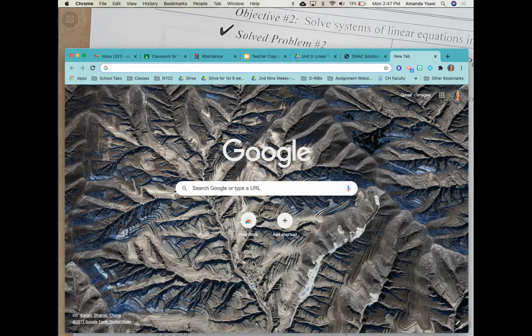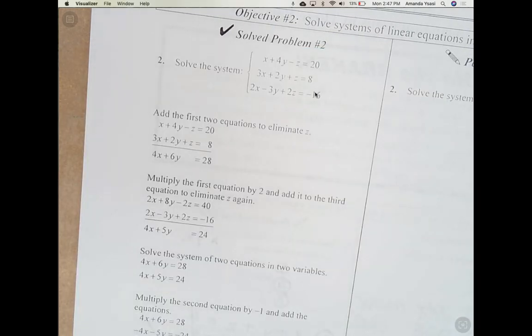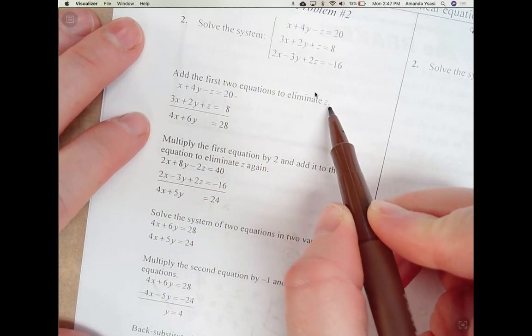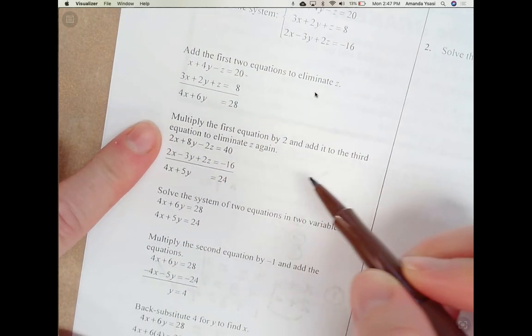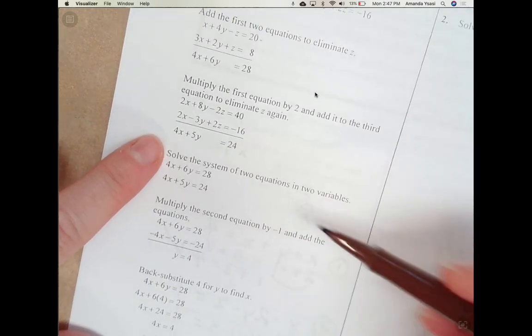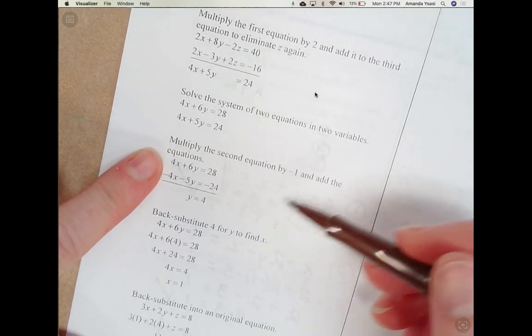Okay, so it says add the 2 first to eliminate one of the variables. Multiply the first equation by 2 and add it to the third to eliminate z again. Solve the system of equations in the 2 variables. Multiply the second.